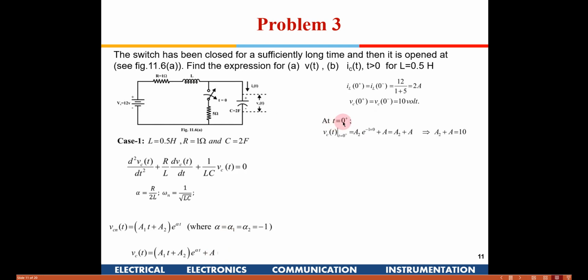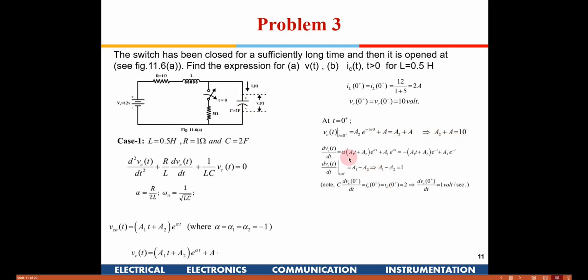At t equal to 0, this term vanishes, so A2 remains and this A also remains. So A2 plus A is equal to 10, since the initial voltage across this capacitor is 10. So you get one equation defining the relation between A2 and A.